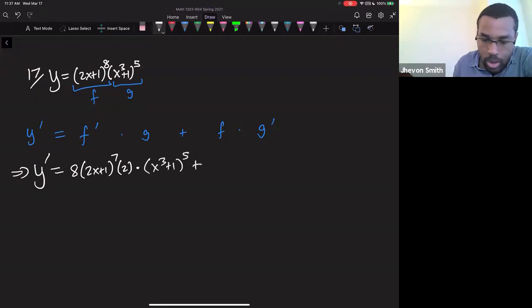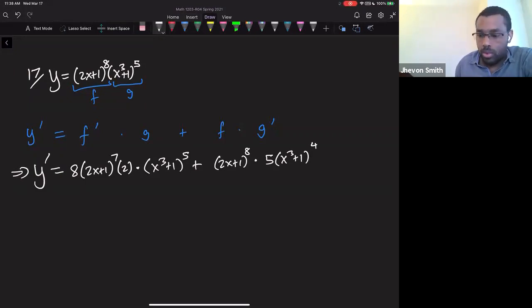Plus, now we leave the F. All right, what does G prime look like here? 5x to the third plus 1 to the fourth.